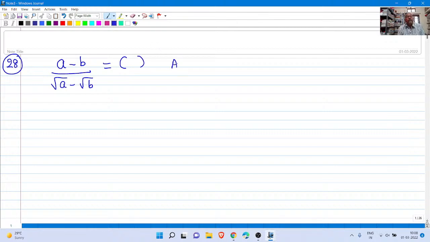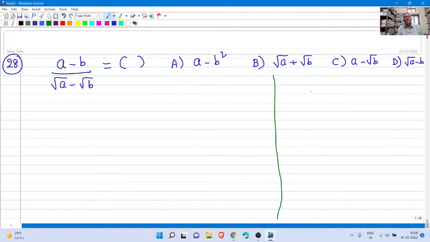Option A is A minus B square, B is root A plus root B, C is root A minus root B, D is root A minus B. Now let me explain the concept here. First of all, what is the concept? These concepts you remember.